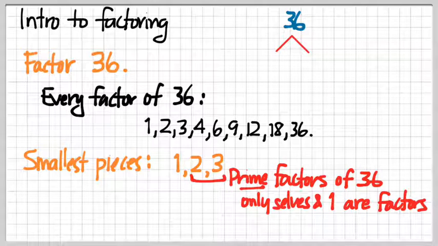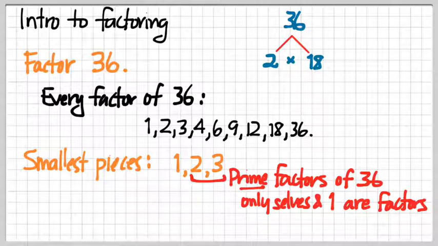What's the smallest prime number? 2, because 1 is not prime for technical reasons. Does 36 factor into 2 times something? Yeah, it does. 2 times 18. And so we'll begin our factor tree by breaking apart 36 into 2 and 18, and then focusing, in turn, on the number 18.